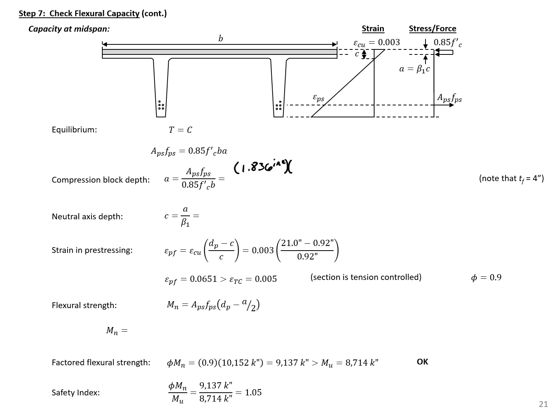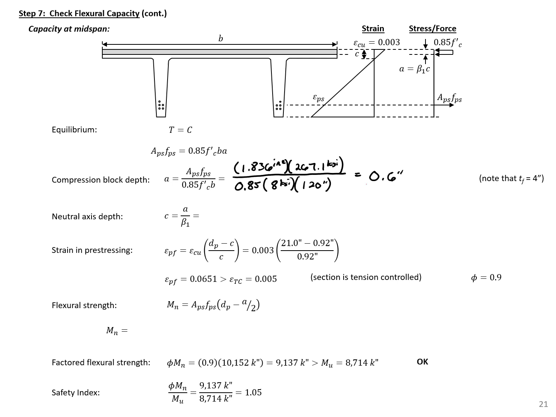We have the stress in our strands, 267.1 ksi. And we're going to divide by 0.85 times 8 ksi concrete. And b, we're assuming that the compression block stays in that top flange, so we'll have a width of 120 inches. So then we'll have a value here of 0.6 inches.